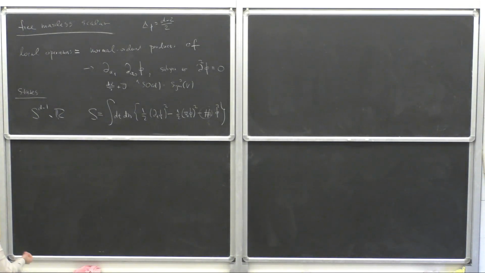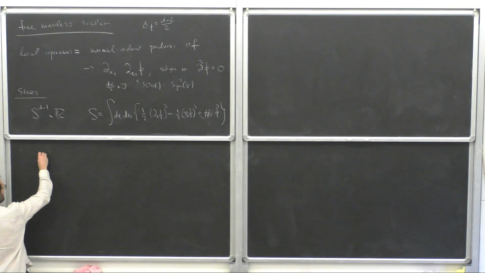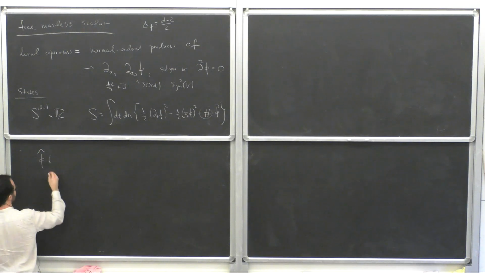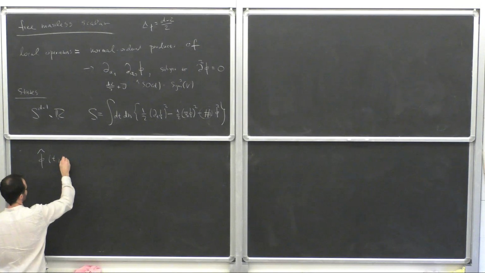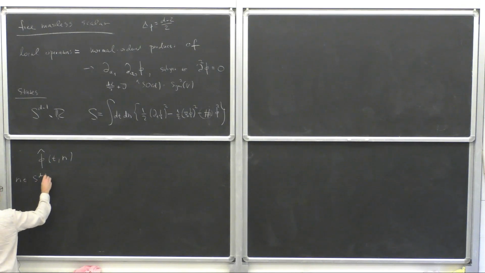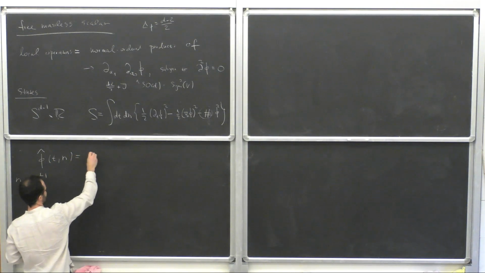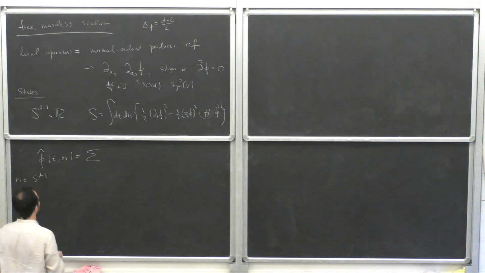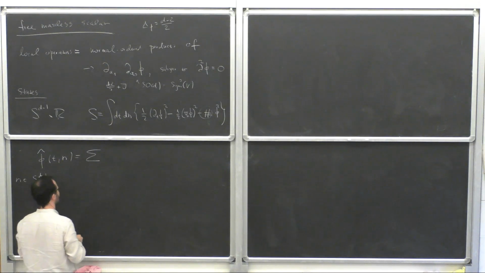Okay, and now we want to quantize it. So we want to write down the quantum operator phi of tau and n, where n is a vector on the unit sphere, and we are supposed to write this as a sum over all the possible modes.